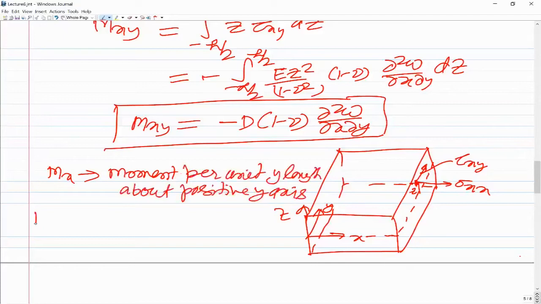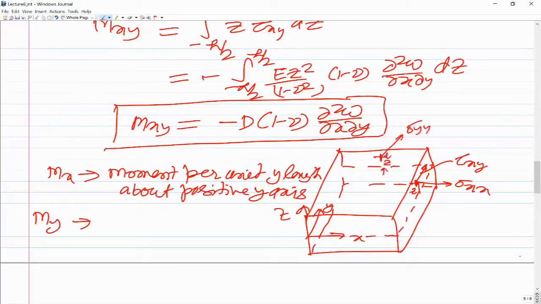Now similarly, if you interpret my, it is on this face. Let us say this is the middle surface, and if you take any line element here, in this line element we are going to have sigma y, because the outward normal is along positive y, so the positive sigma y is in this direction, and this distance from here to here is z.